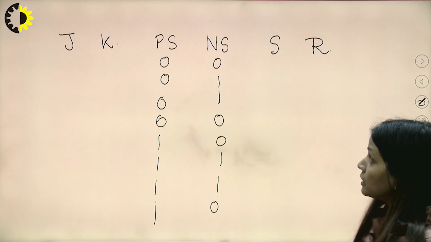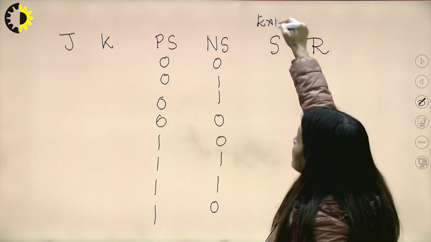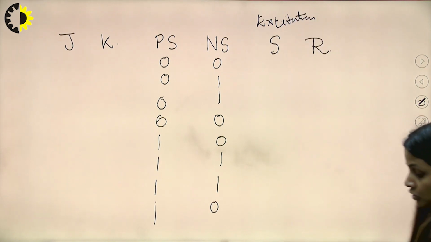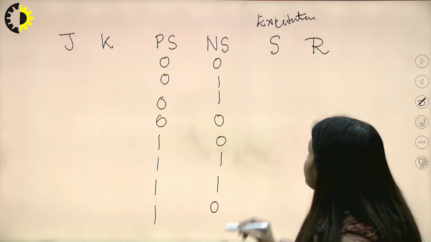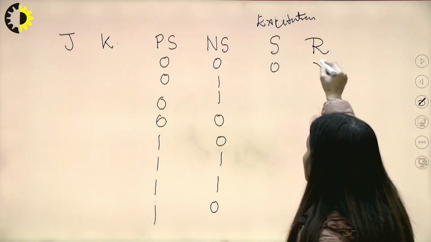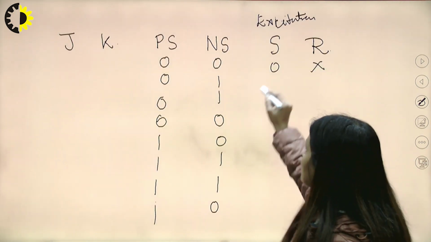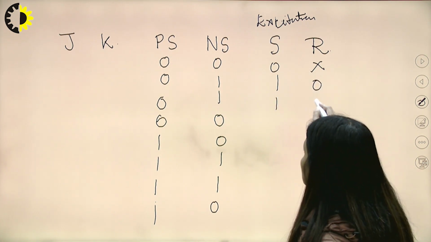Now, write the excitation table for this flip-flop which we are having. For 0 0, the SR is 0 cross. For 0 1, the SR is 1 0. For 0 1, again it is 1 0.